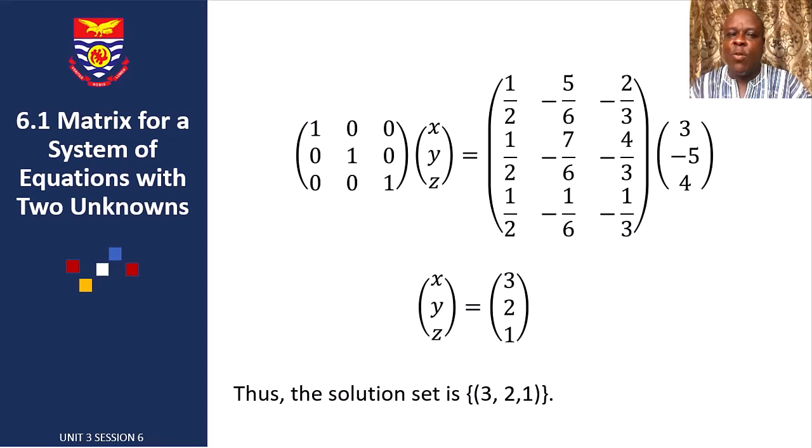And so when you use the identity matrix to multiply the variables, you get x, y, and z. And that will be equal to 3, 2, 1 when you simplify the right-hand side of the equation. The solution set is therefore 3, 2, 1. This means that x is equal to 3, y is equal to 2, and z is equal to 1.